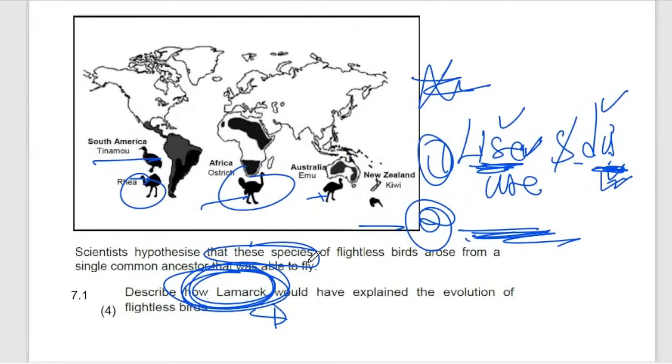There is not enough evidence to show that elephants acquired long trunks through using them frequently. And then the elephants did not acquire the long trunks because they wanted to acquire them. So you have to apply so that you are able to obtain a mark. Is it clear, guys? Distinction material, right? Someone saying this.